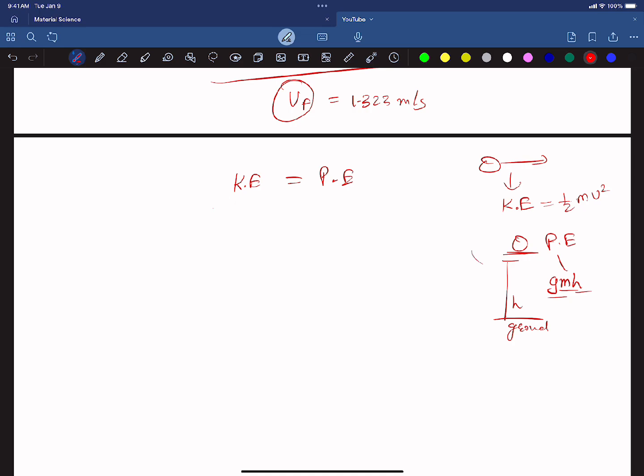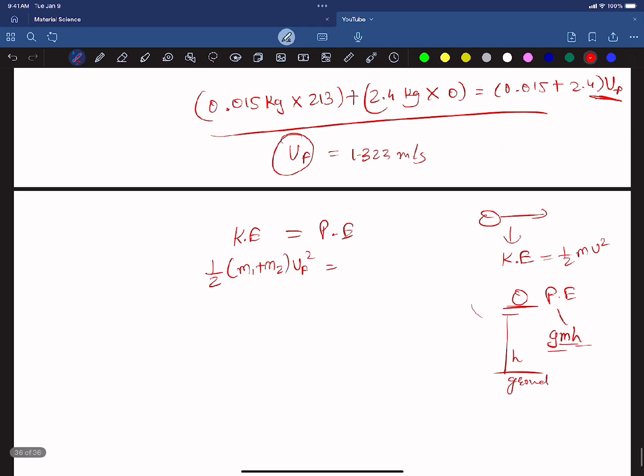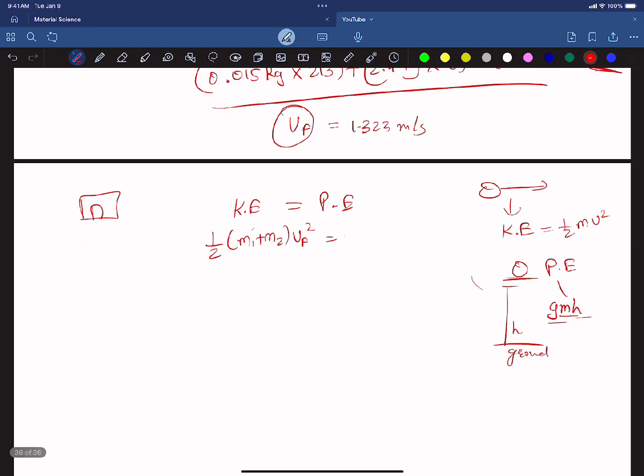So in this case our kinetic energy will become half m1 plus m2 times vf square. Why m1 and m2? Because we need to take the total mass of the object, the combined bullet and block. Now PE is also m1 plus m2 gh, the same total mass.